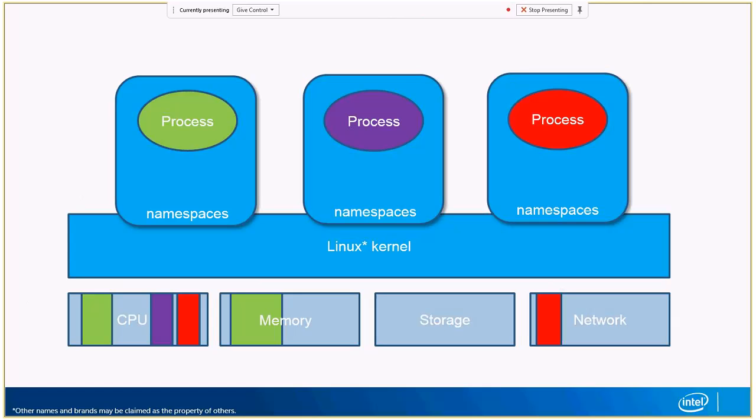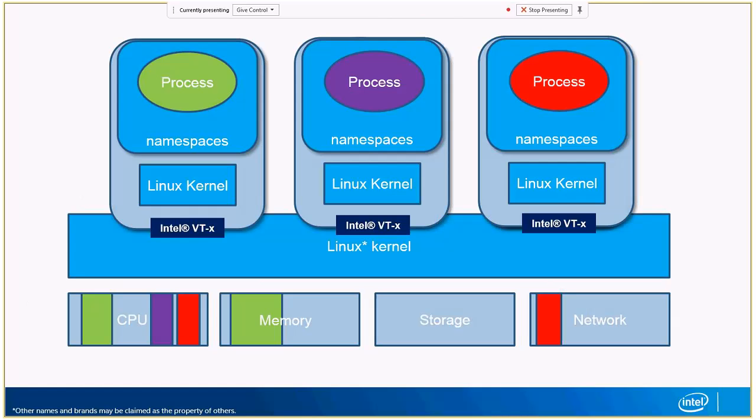Here is an example of how containers look again with regular namespace-based separation. What Clear Containers does is, when you launch a container, each container is launched in a very thin, lightweight virtual machine.